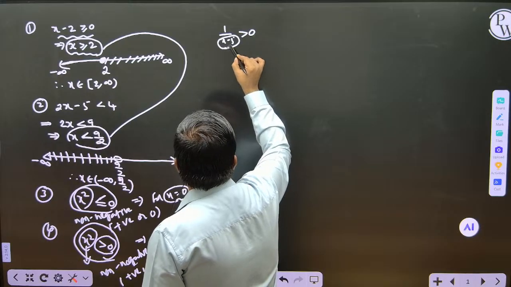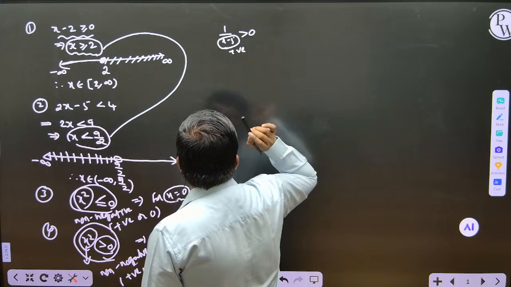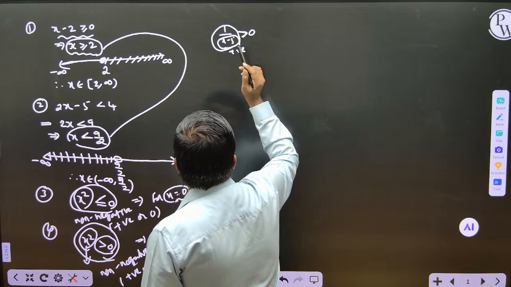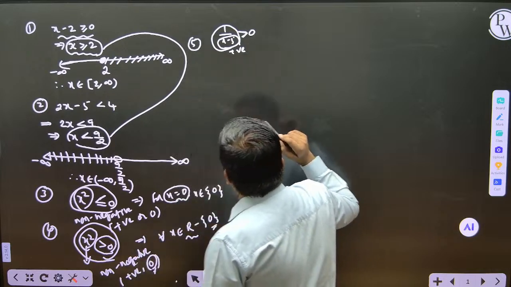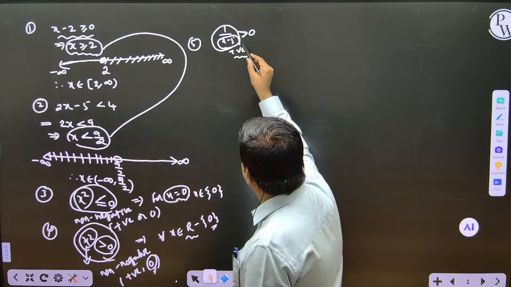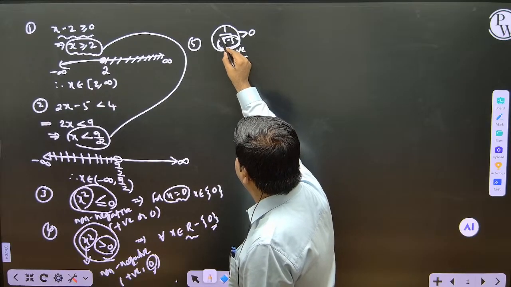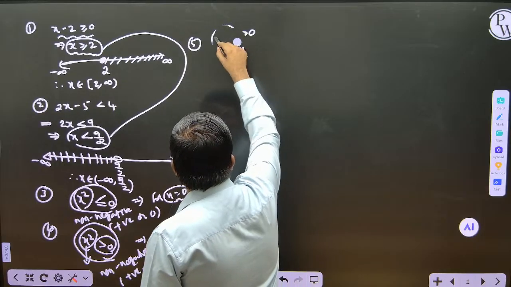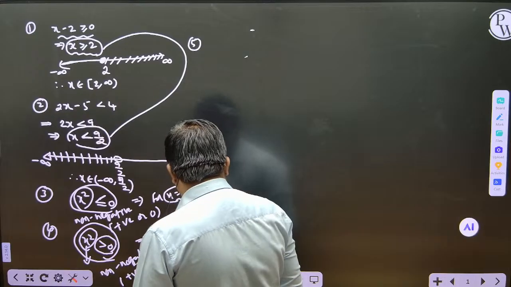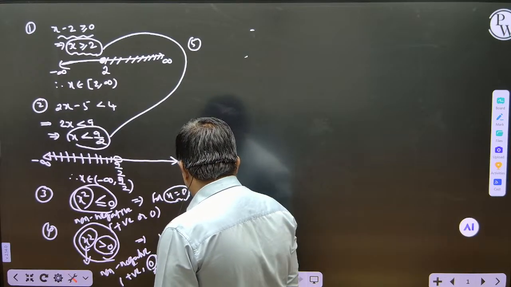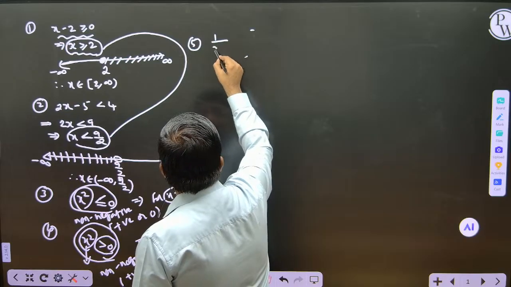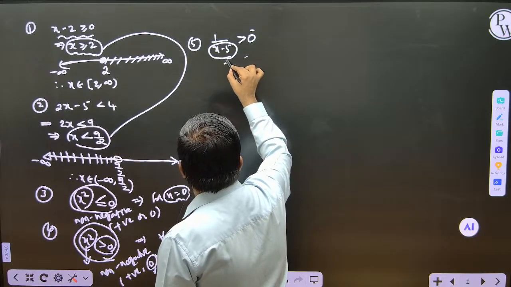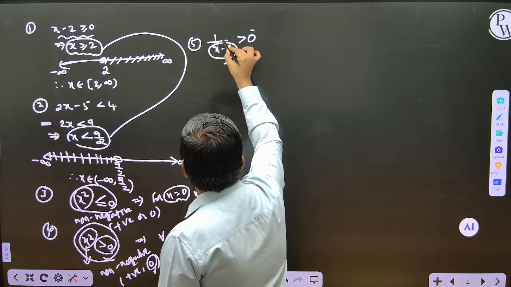Greater than 0 means this part should be positive. 1 by x minus 5 is positive whenever x minus 5 is positive, or not. 1 by x minus 5 is positive whenever this part is what? Positive.